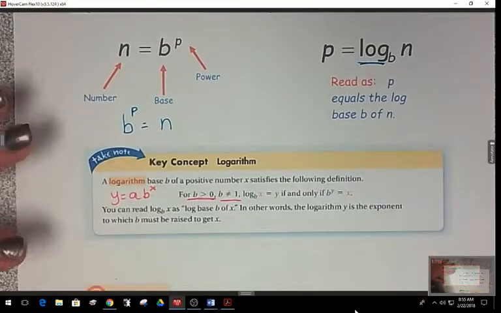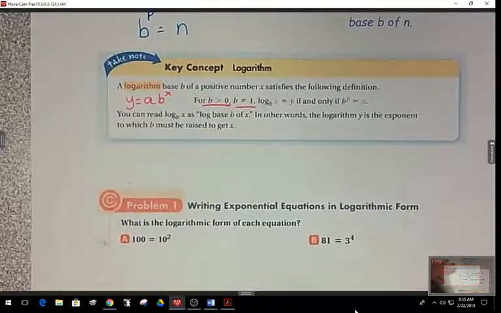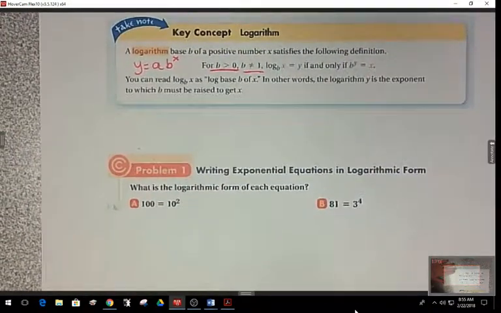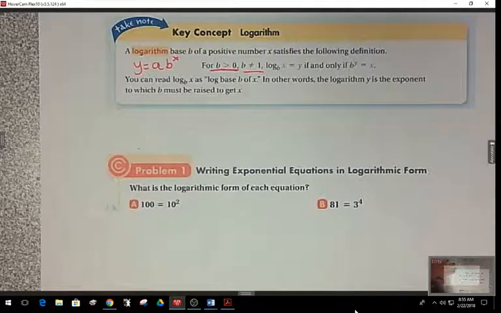Okay. So now, let's take a look at problem number 1 here at the bottom, where they just want me to change to logarithmic form. Now, my brain has to work really hard to change to logarithmic form. It works much better when I have to change from logarithmic to exponent form. So I have to do this the exact same way every time, or I mess it up.